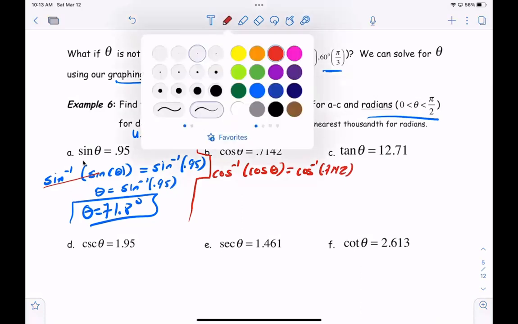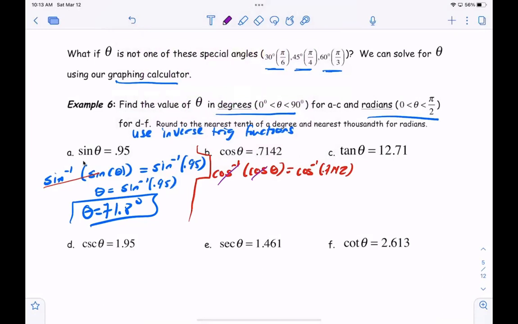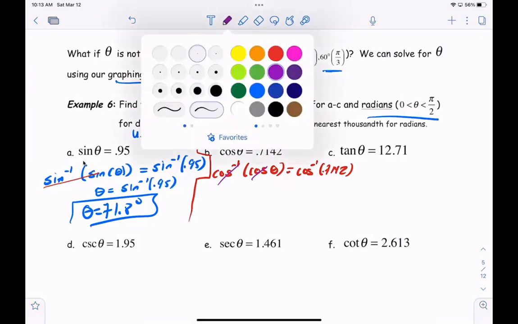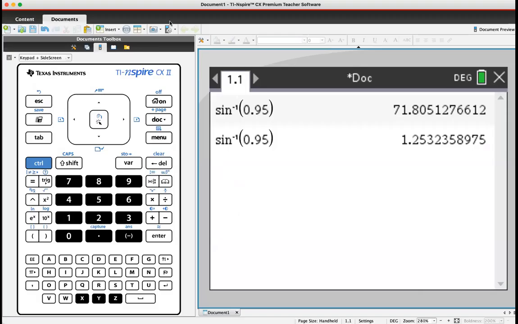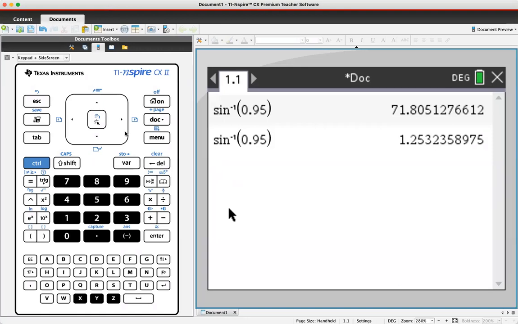On the left side now, the cosine inverse of cosine theta undoes the trig function, leaving us with theta is equal to cosine inverse of the ratio 0.7142. And so using cosine inverse, that will give us the angle that has a cosine of 0.7142. So we'll jump back to the calculator and we will determine what that value is.